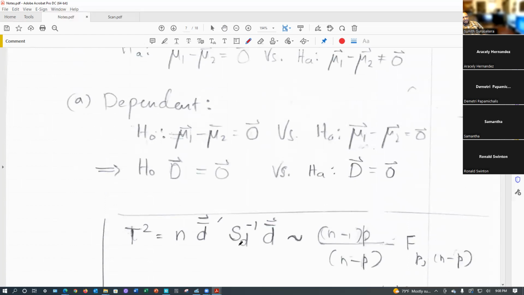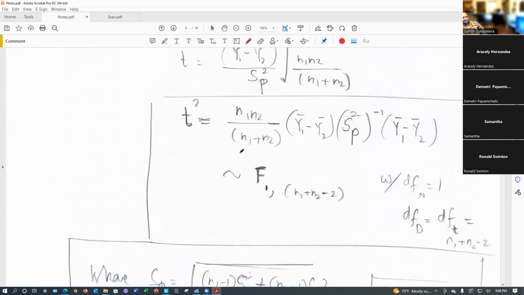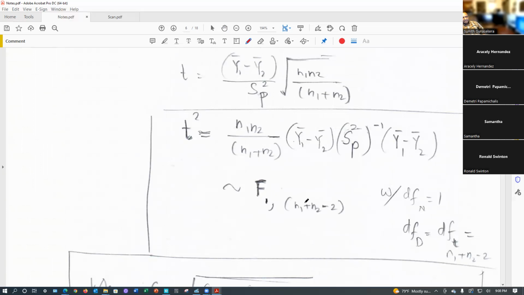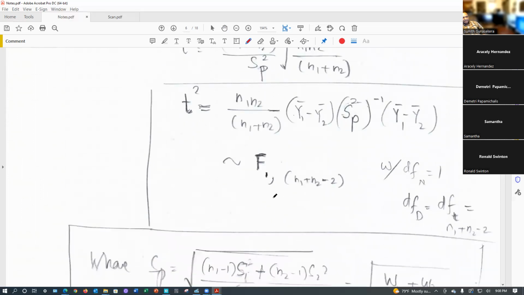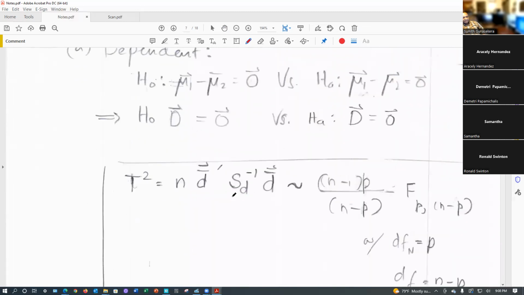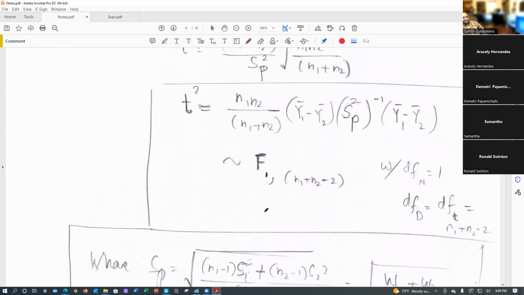Can you remember? We had the same situation here. T squared is distributed with 1 and n1 plus n2 minus 2. Observe this one, T squared.